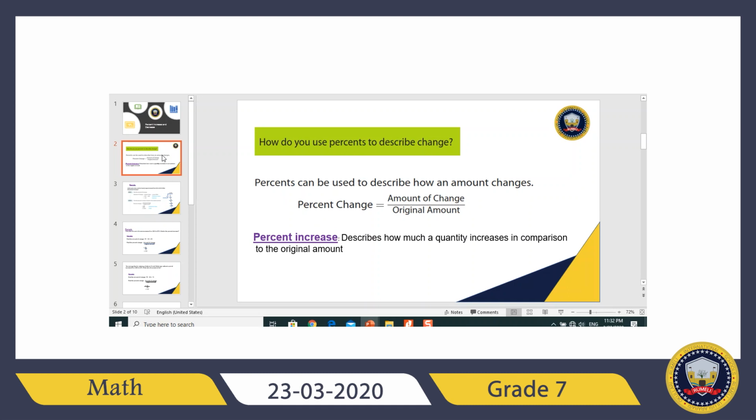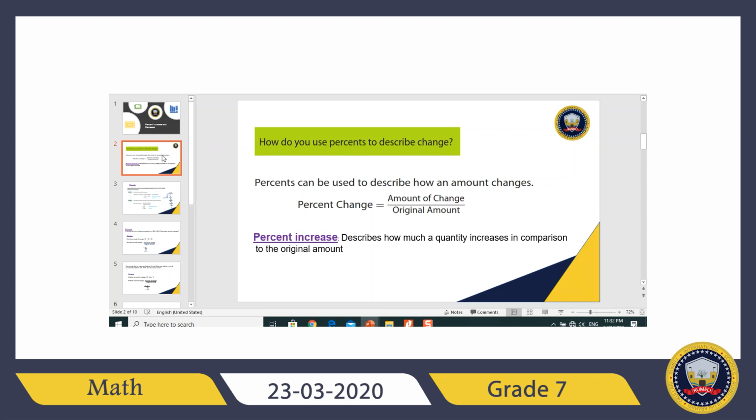So what is the percent of increase? It means you just subtract the old price from the new price, yani 1.5 Turkish lira minus 1 lira, which means it increased by 0.5 Turkish lira.